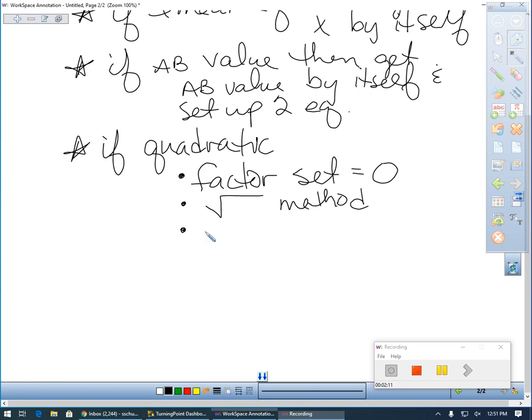Another way to solve for a quadratic is completing the square, but none of you like that, so we're not going to do that one. We won't revisit that one right now. And then, of course, we have the quadratic formula.